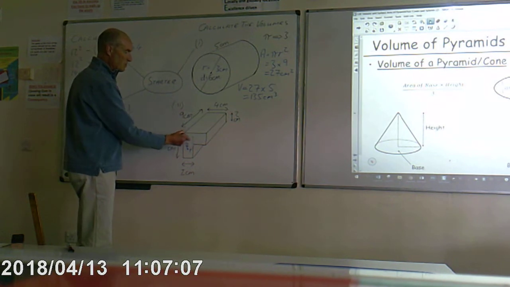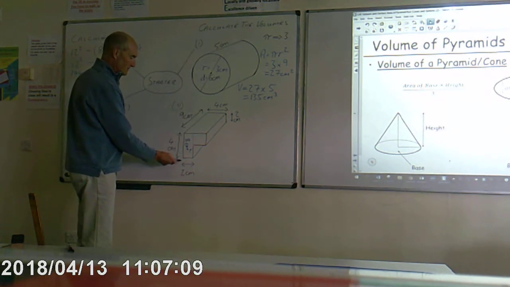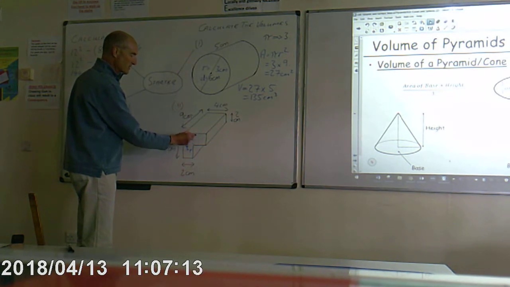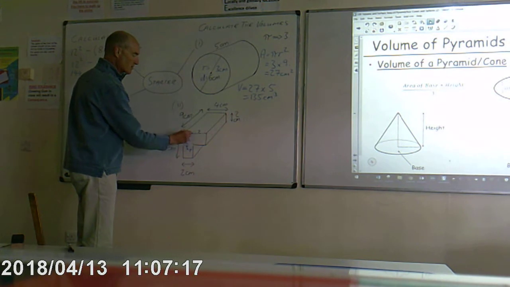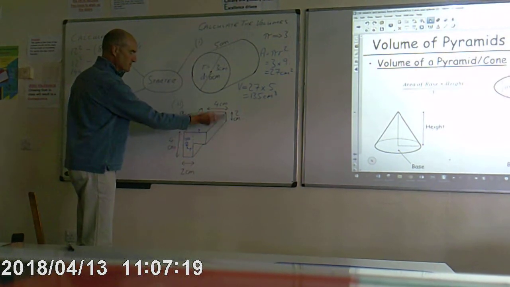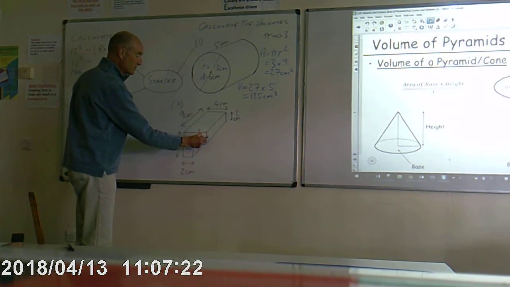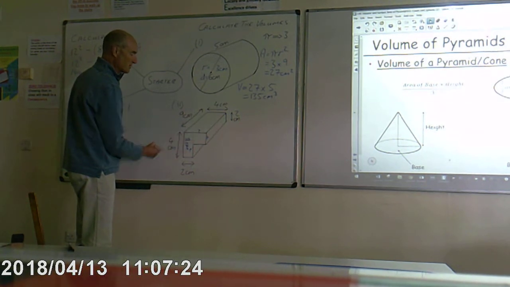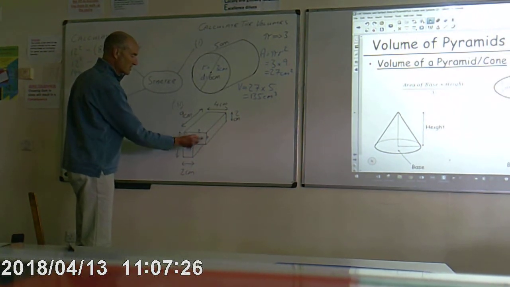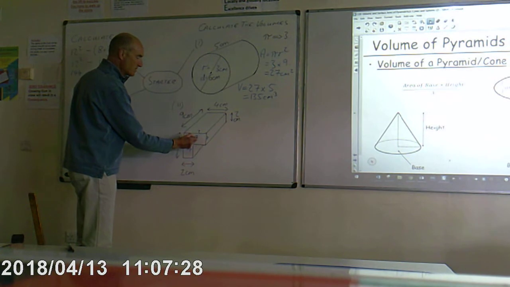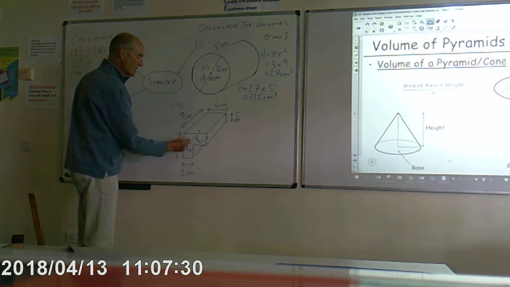This little rectangle here, we've taken 2 centimetres, that's 4 centimetres, so that's 2 centimetres this length here. The depth is 2 centimetres, so it's actually a square. 2 centimetres by 2 centimetres. The area of that little section there is 4 centimetres squared.